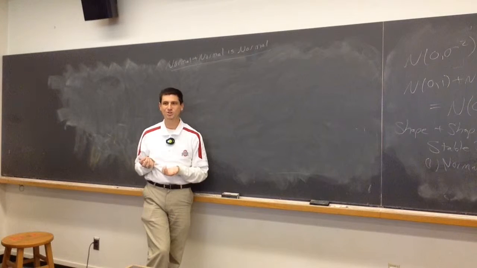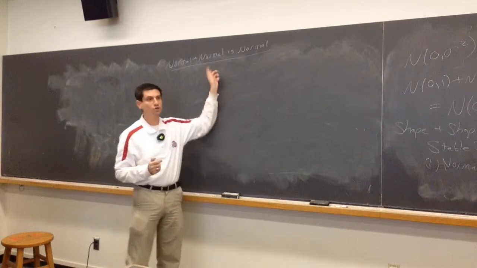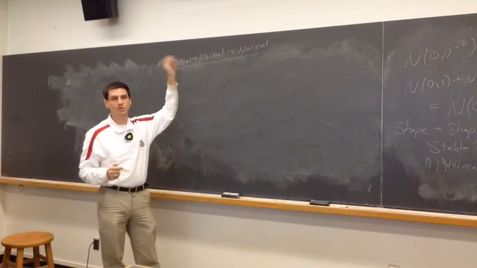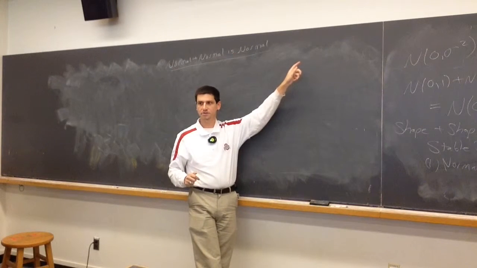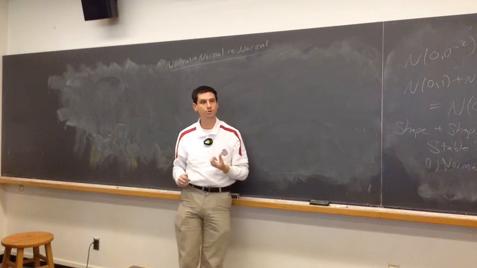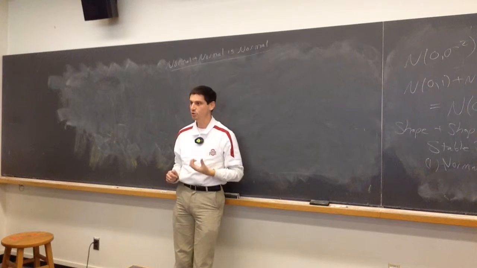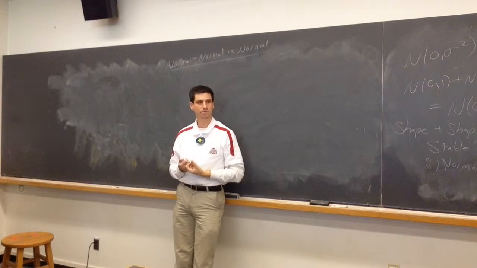Normal. What do we use to do that? Grouping. So by grouping, if we can show normal plus normal is normal, then we get normal plus normal plus normal is normal. Okay? So we really only have to prove that two normals sum to a normal, and then everything else is done by grouping.